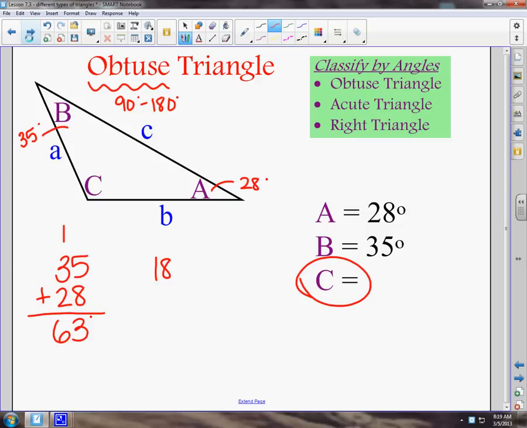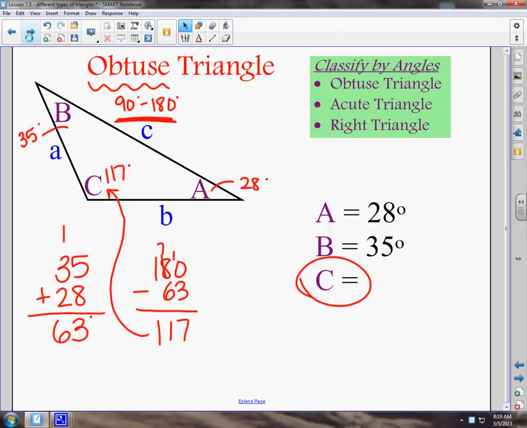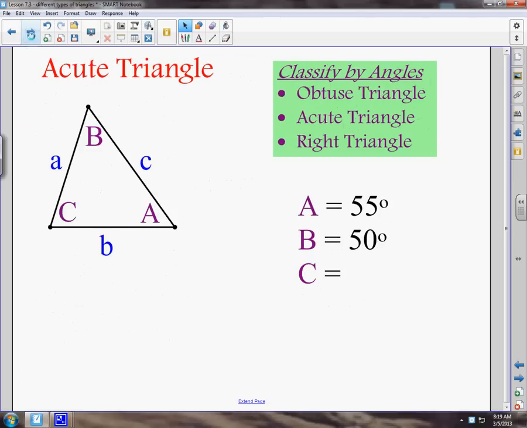So now I'm going to take 180 minus 63, and I see that C is 117 degrees. That fits my criteria of between 90 and 180. So I know that that is an obtuse triangle. It has to have one angle greater than 90. It has to have one big one.